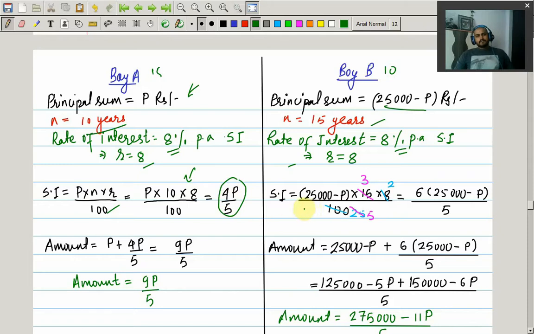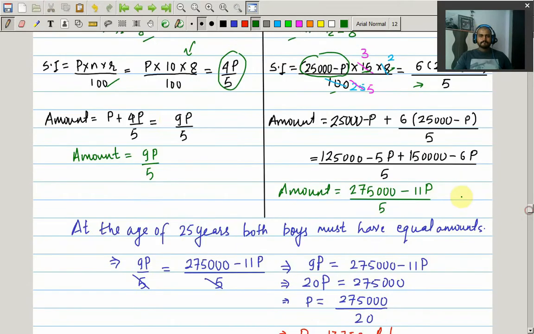So for the second boy, we have to put a few difficult terms. 25,000 minus p into time into rate upon 100. Simplify this, cancel it, you will get this value. Okay, so this is the simple interest earned by boy A. What is the amount after 10 years?